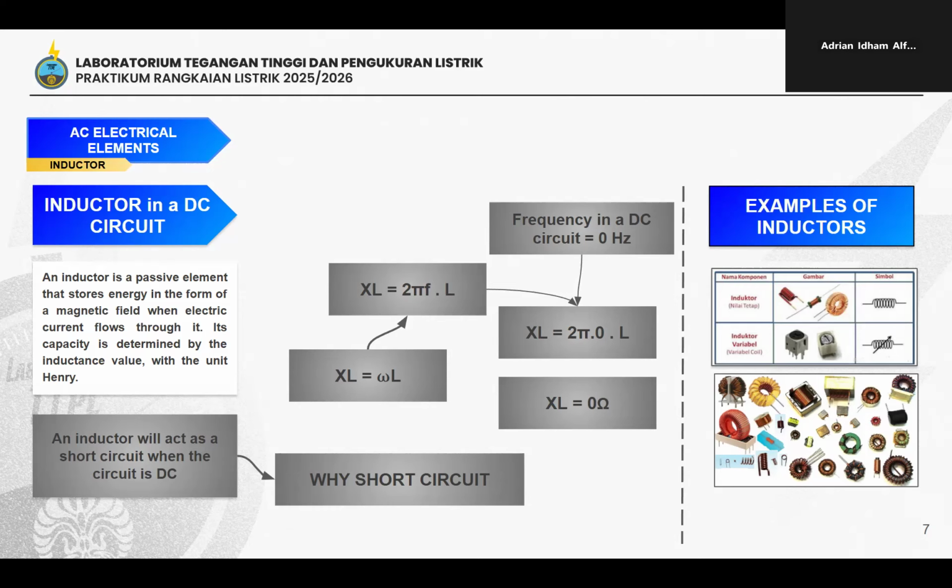Its capacity is determined by the inductance value with the unit Henry. An inductor will act as a short circuit when the circuit is DC. This is the reason why it is a short circuit, and this is an example of inductors. Okay, next.